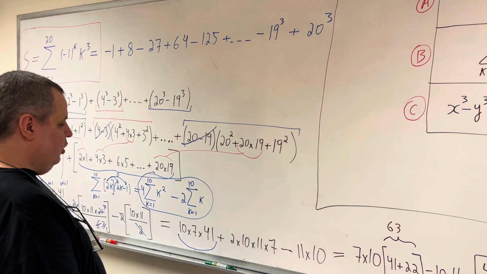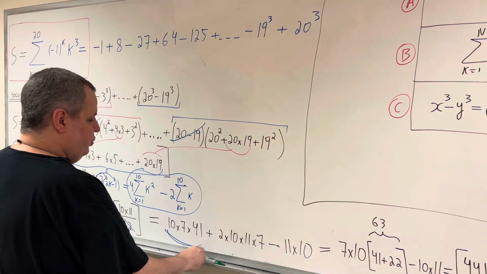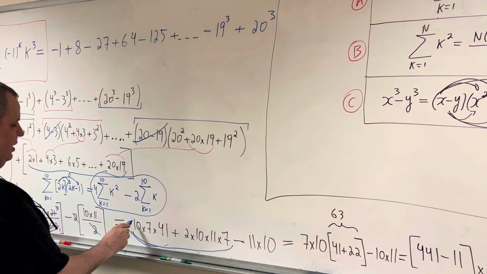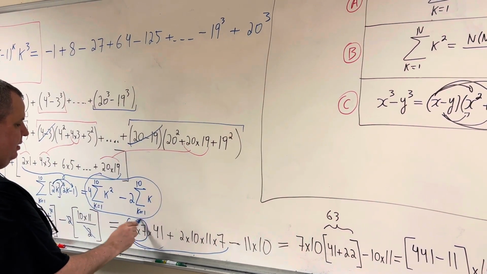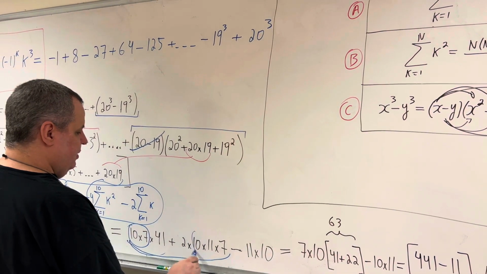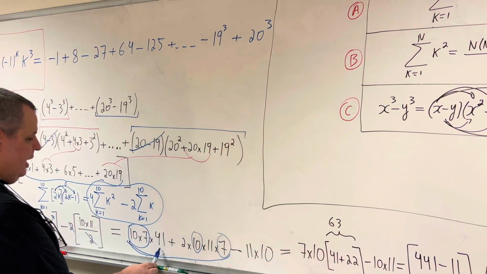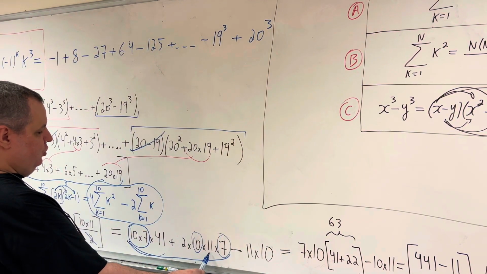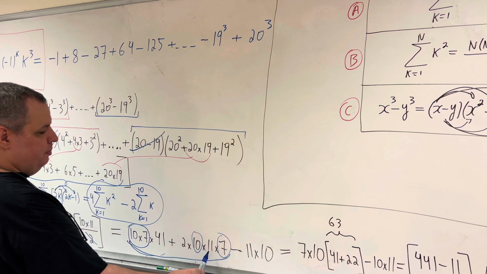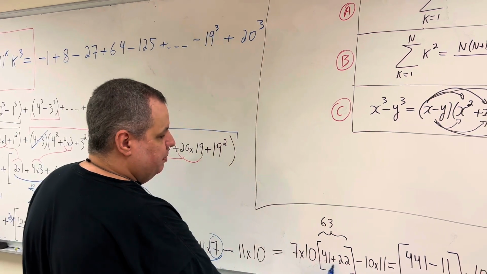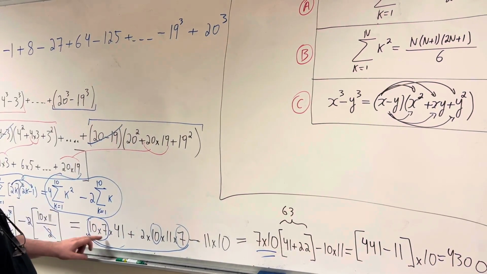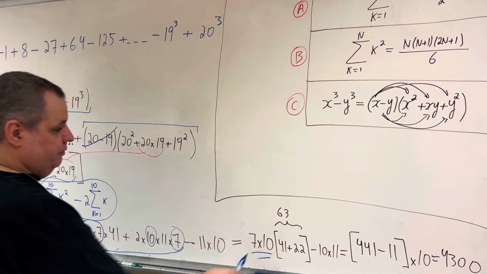Okay? I notice that in these first two terms here, I have 7 and 10. I have 41 here, plus 2 times 11, 22. So it's going to be 41 plus 22. And I have a common factor of 7 times 10.